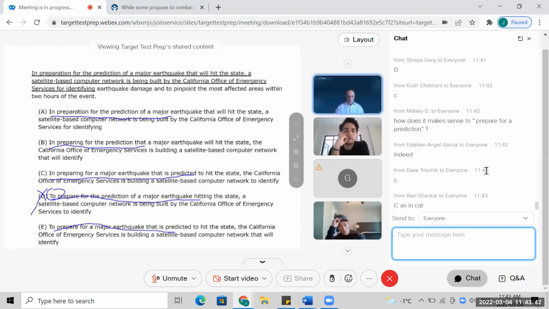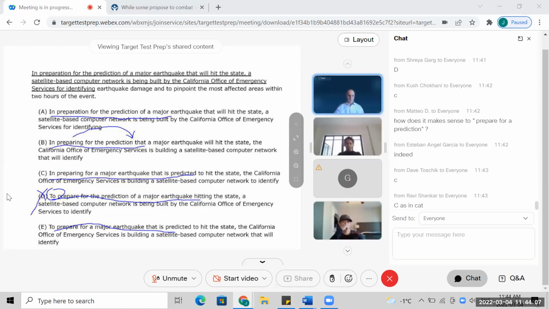In preparing for the prediction that a major earthquake will hit the state, I have a question. There's a meaning issue. In preparing for the prediction, so that's what we're going to prepare for. In preparing for the prediction that a major earthquake will hit the state, the California Office of Emergency Services is building a satellite-based computer network. That doesn't make sense either, because we don't prepare for prediction.